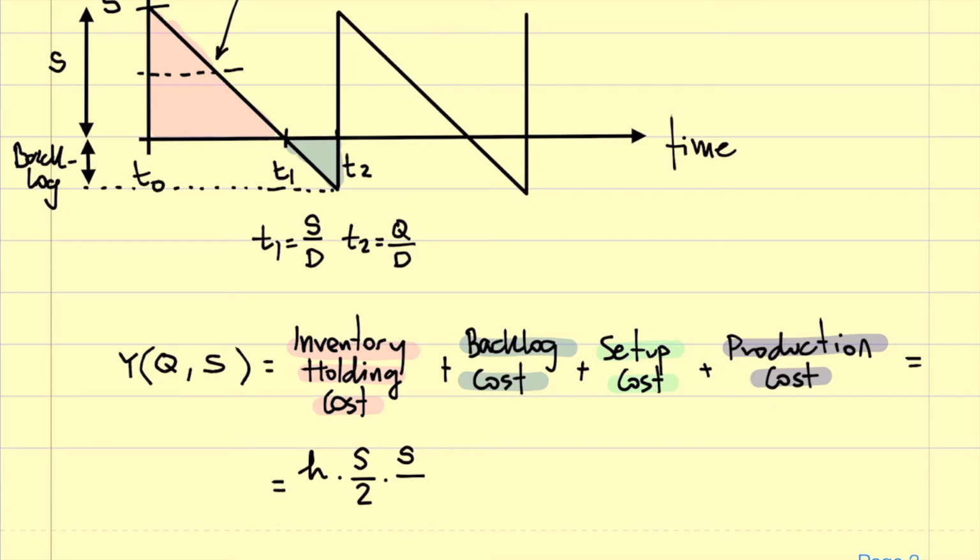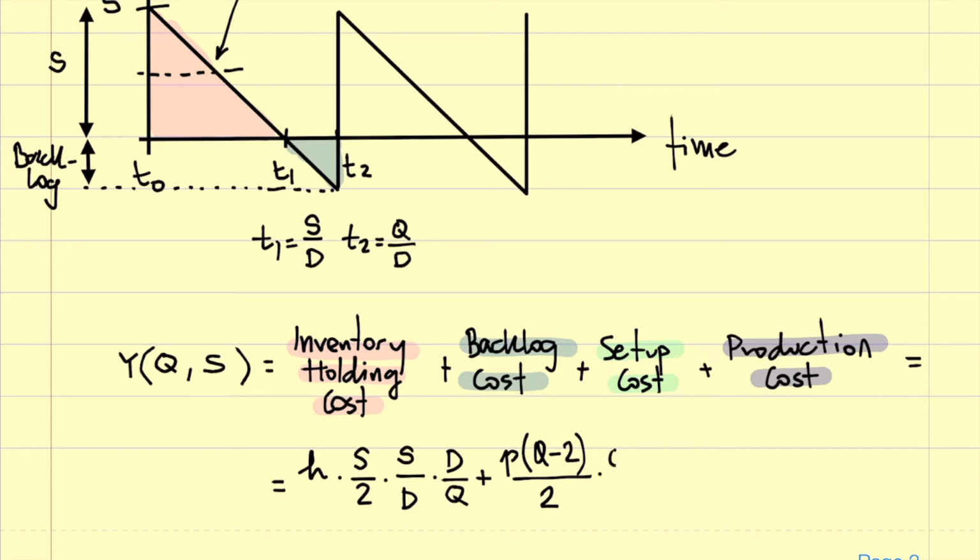So S divided by 2 times S divided by D, T1, and D divided by Q, the frequency, plus the backlog cost, P, the cost per unit, times the average backlog level.